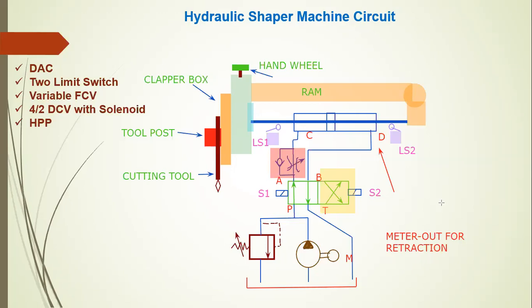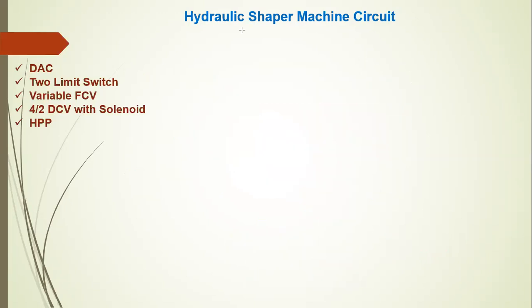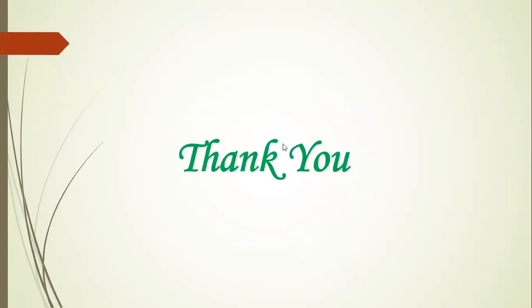For the three types, two circuits are possible: extend circuit and retract circuit. Whenever the flow is controlled on the extend side, it is called an extend circuit, and whenever the flow is controlled on the outlet or retraction side, it is called a retract circuit. Here the flow is controlled on the outlet side, so it is called a retraction circuit. Okay, that's the complete drawing. Thank you.